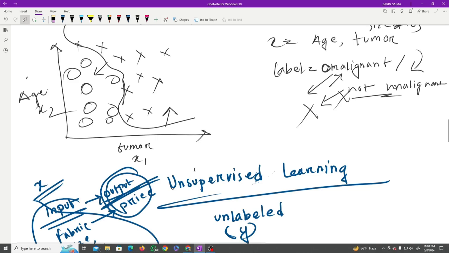So basically categorizing articles in news, because every day you are having thousands, millions of news, right?